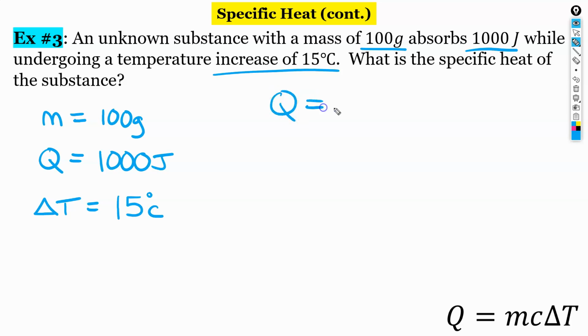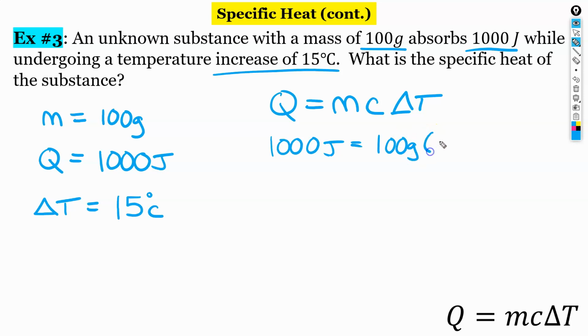So we have our formula, Q equals MC delta T. So we plug in what we know. We have 1,000 joules. Our mass is 100 grams. Our temperature is 15 degrees Celsius. And then, of course, we have our specific heat. So to get C by itself, we're going to rearrange our equation.